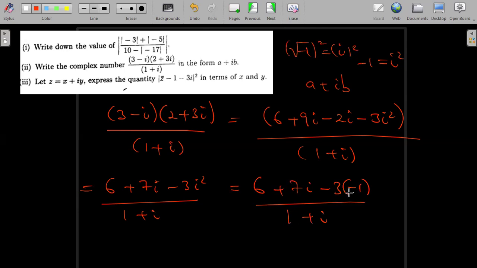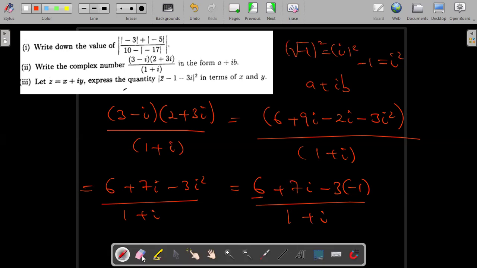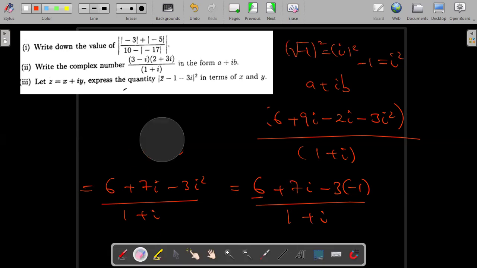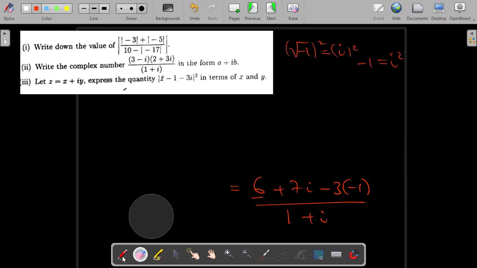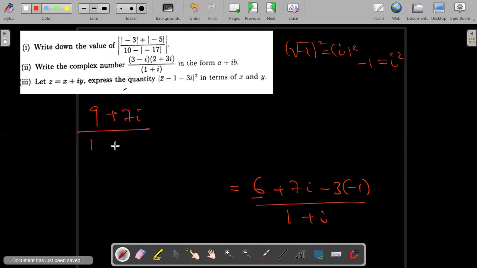That gives me +3. So 6 plus 3 gives me 9. I'm way ahead of you, I guess. So let me erase this part here. I get a 9 there on top, plus 7i, divided by 1 plus i, and whatever I get down there still remains the same.